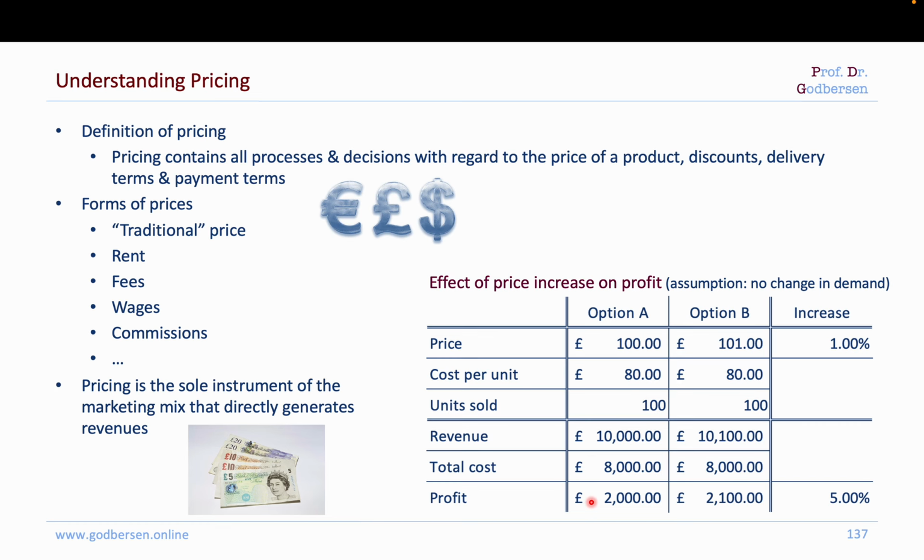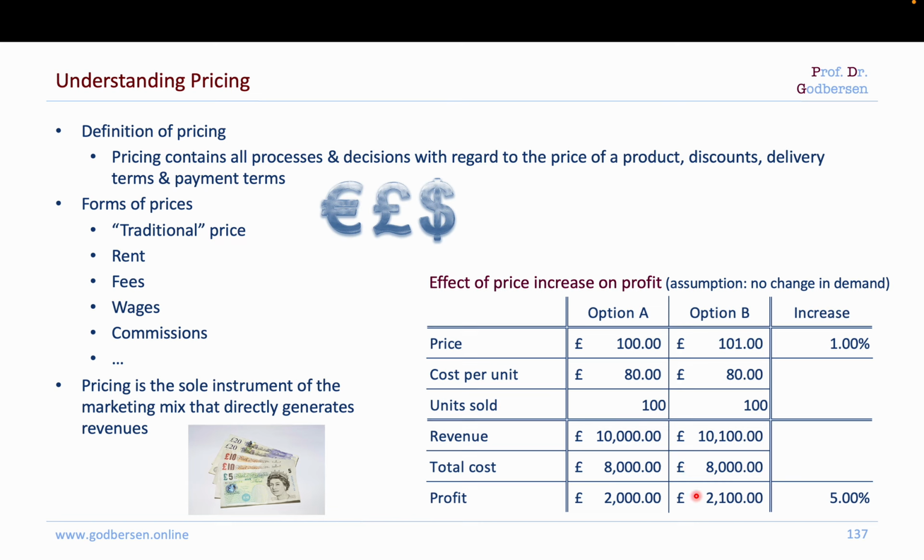Now, if we just increase the price by 1%, we charge now £101. Costs are still £80, and we're still selling 100 units, assuming nothing will change and the customers will not move away. Then our revenue is £10,100, 101 times 100. Cost is still £8,000.